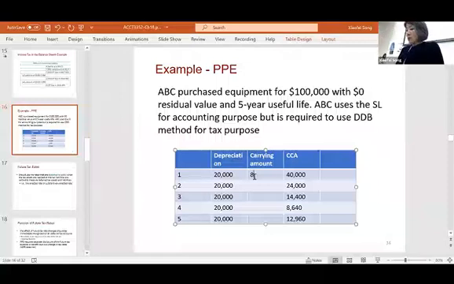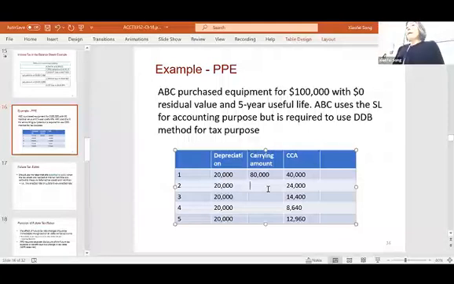So what's not deducted yet, carried on the book, will become deductible as an expense for financial reporting purposes in the future. So that's the carrying amount. The second year will be 60,000, the third year will be 40,000, and the fourth year will be 20,000. It will be 0.